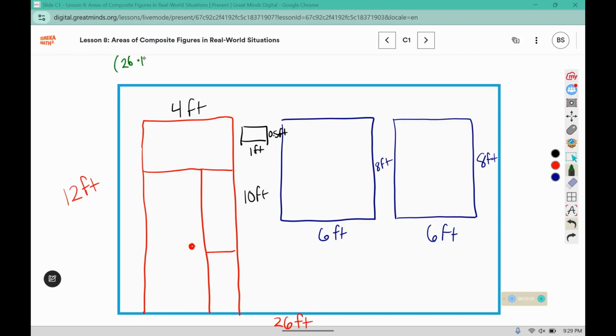Base times height. But we're not going to paint, so we're going to remove the door with the windows. The base is 4, the height is 10. We're also going to remove the exit sign because we don't want to paint over that. The base was 1, the height was 0.5. And we're going to remove these 2 windows. The base is 6, the height is 8.